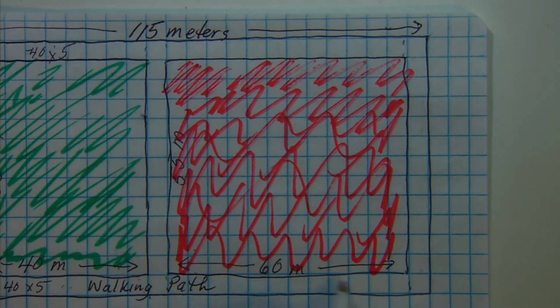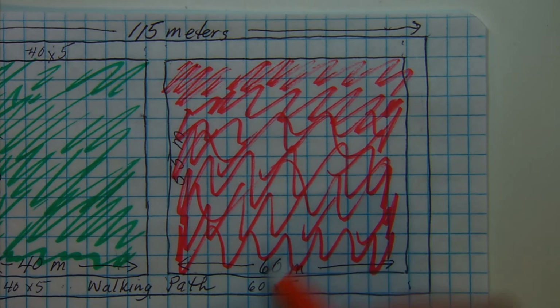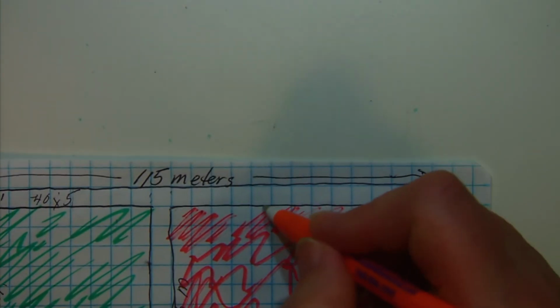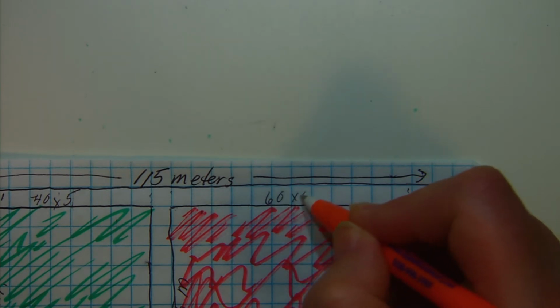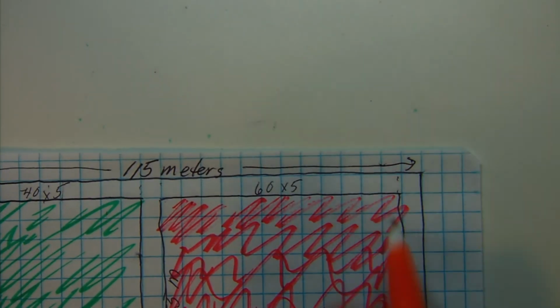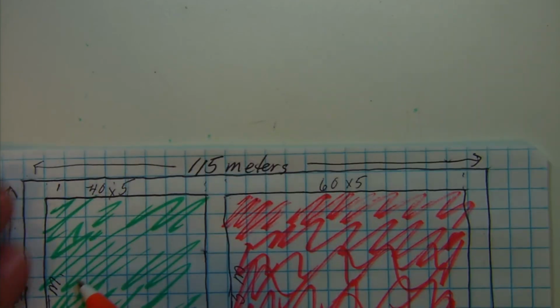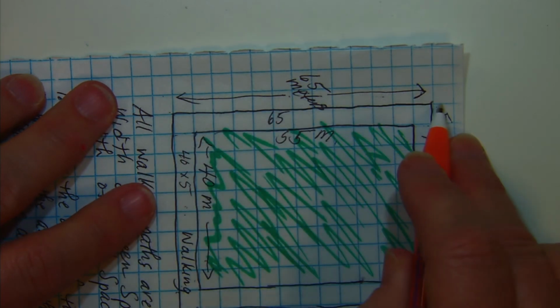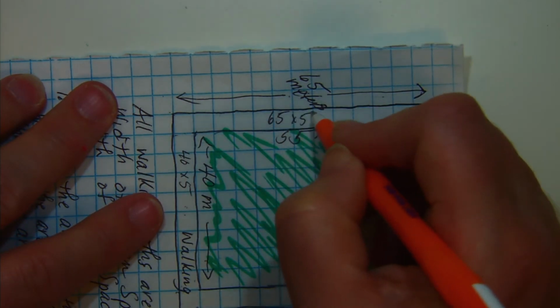This little rectangle would be 60 times 5, the length multiplied by the width. And up here also would be 60 times 5. Then I have to do the longer rectangles, and that we already know is 65, because that's the whole length, times 5.